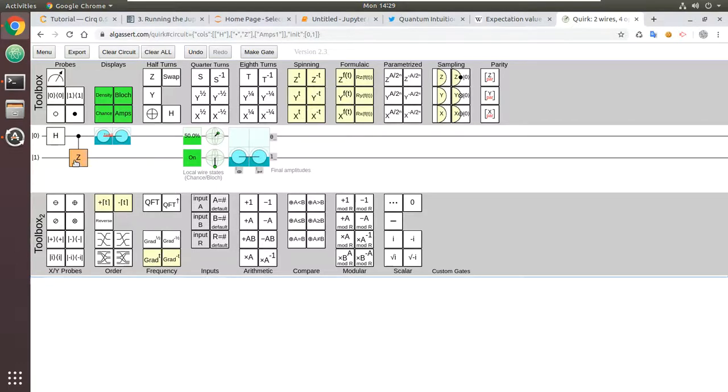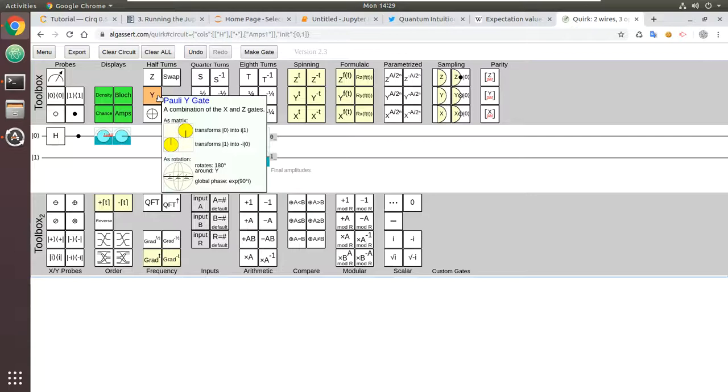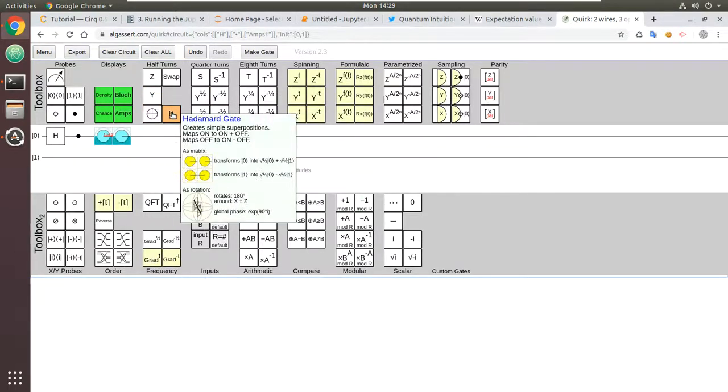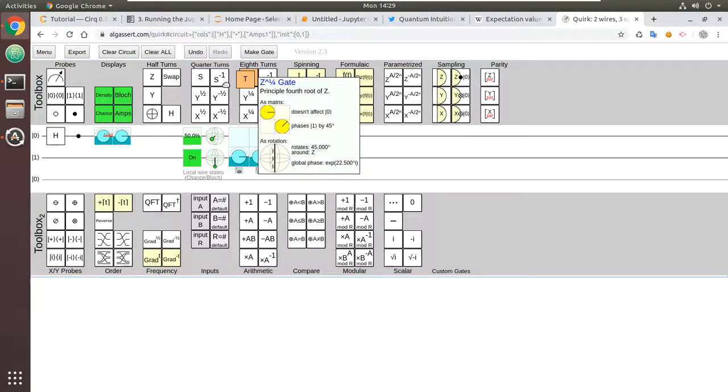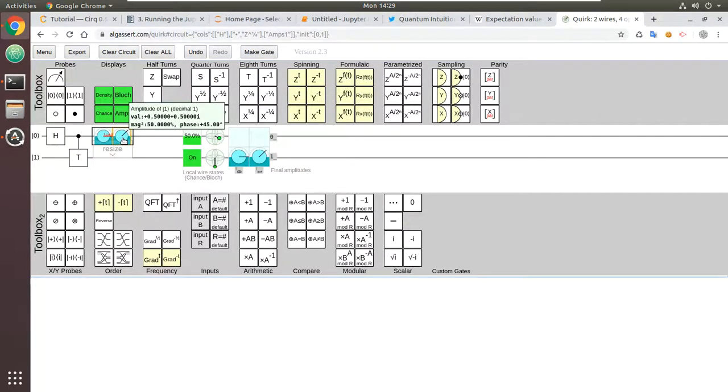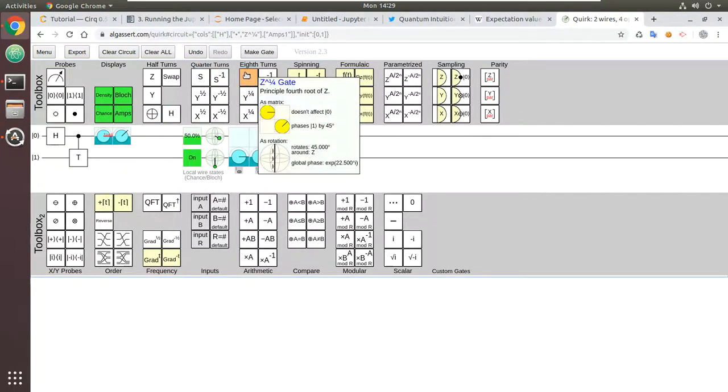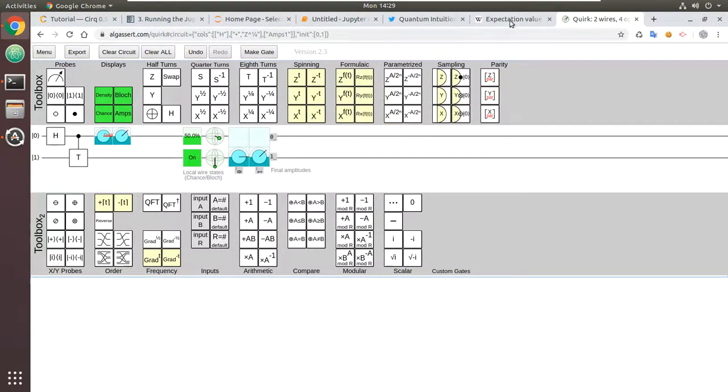If I would add a, say, Hadamard, and a T, then you've got 45 degrees. That's the phase here. Yeah, anyway, I don't know what I was trying to explain actually.